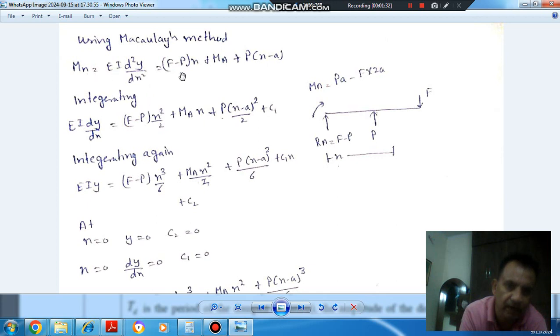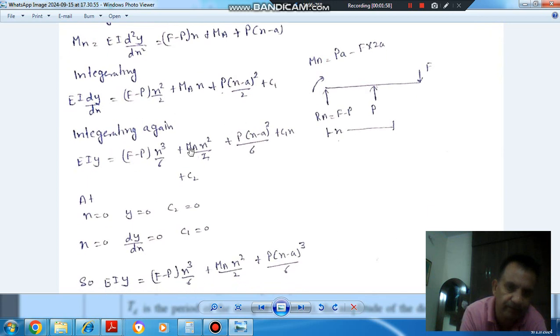So Mx is (F minus P) into x plus MA plus P into (x minus A). If we integrate it, then EI dy by dx is (F minus P) x square by 2 plus MA x plus P (x minus A) square by 2 plus C1.